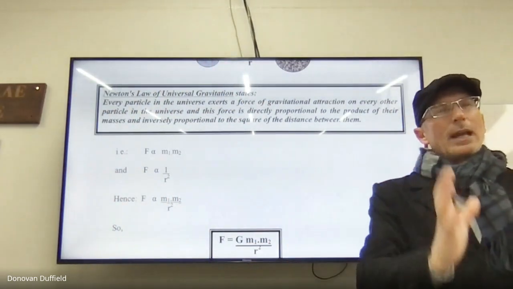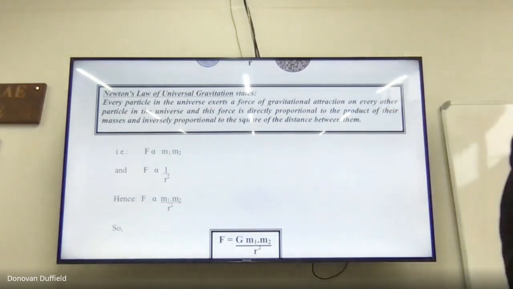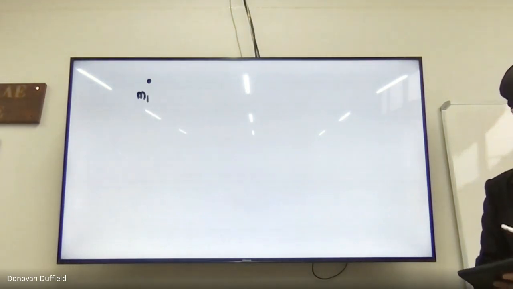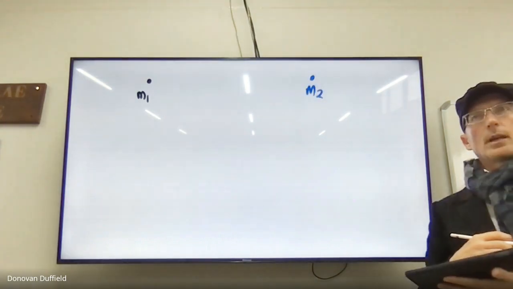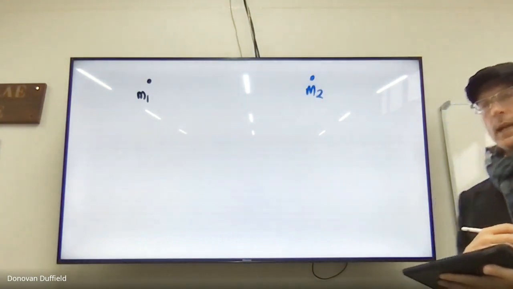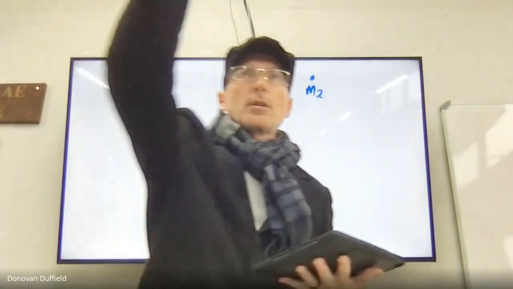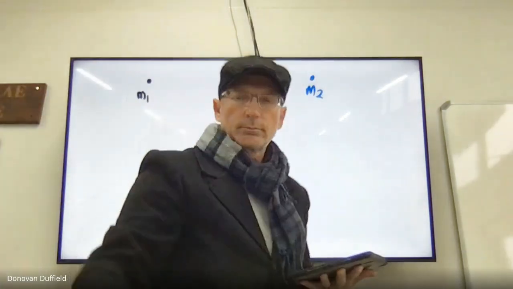And so we now come to a revolutionary idea. And the idea is the following. Let's say we have two particles of matter. Let's call this particle mass 1, and let's call this particle mass 2, right? And we take these two particles, and let's say that these two particles are the bottle and the mug.